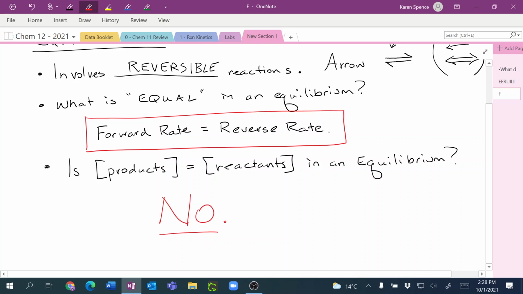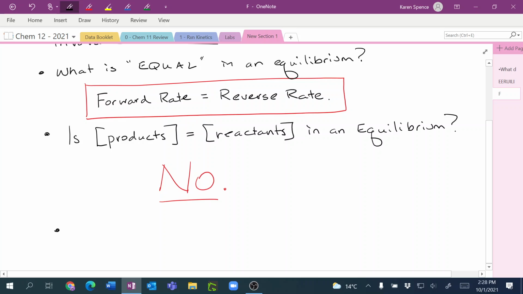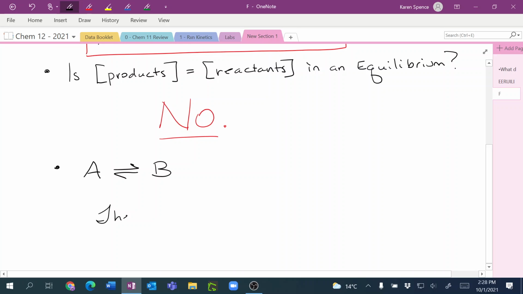So if we had an equilibrium, A in equilibrium with B, the rate at which A is consumed.